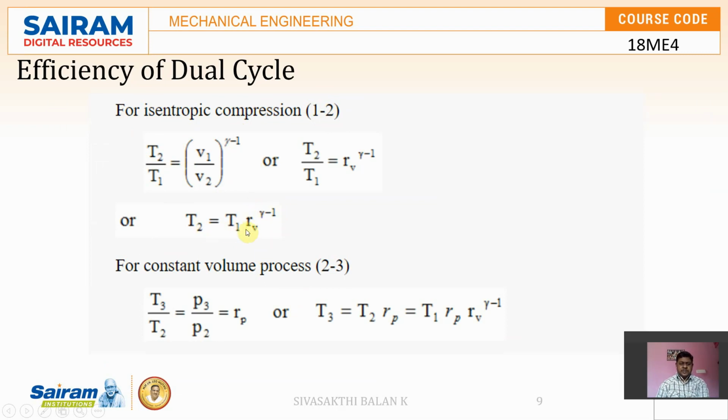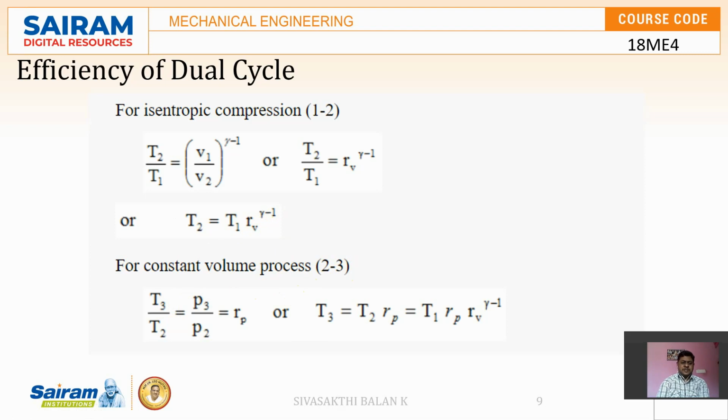So, T2 is equal to T1 into compression ratio power gamma minus 1, and for the process 2 to 3, we can relate the constant volume process, and for constant volume process we are going to consider PV is equal to mRT formula, and now volume remains constant and m and R are also constant.